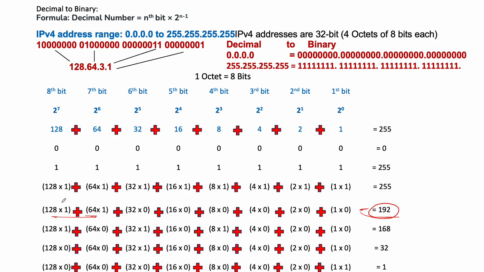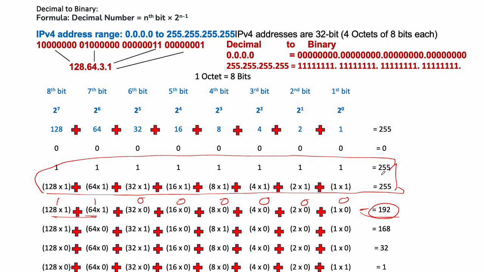So what is the binary value of 192? 1 1 0 0 0 0 0 0. And this is how you get 255, right? So I set all bits to 1.